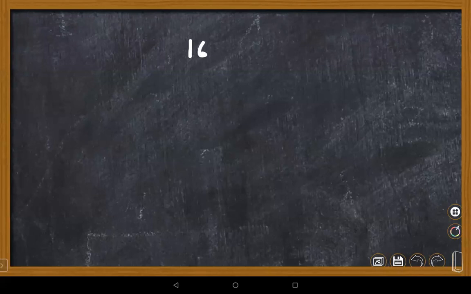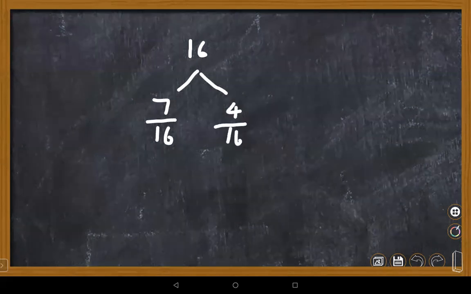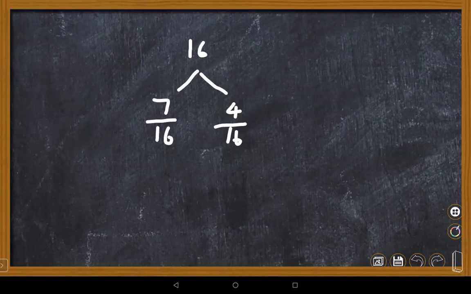In that she gave 7 parts to sister, that means 7 out of 16, and brother 4 out of 16. What part did sister and brother eat between themselves? And what part of the watermelon was left?